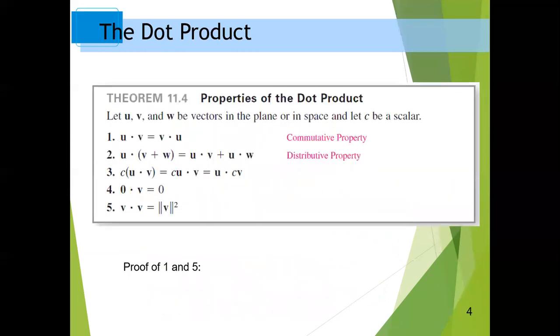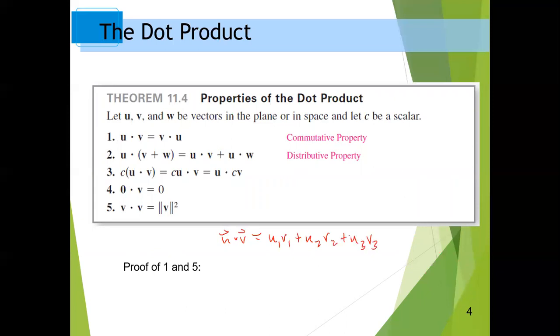Here are some facts about the dot product. So I have three vectors in the plane or in space. C is a scalar. Okay. U dotted with V is the same as V dotted with U. Is that very surprising? I mean, think about it. So if I take U and I dot it with V, this is going to be U1 V1 plus U2 V2 plus U3 V3, right?